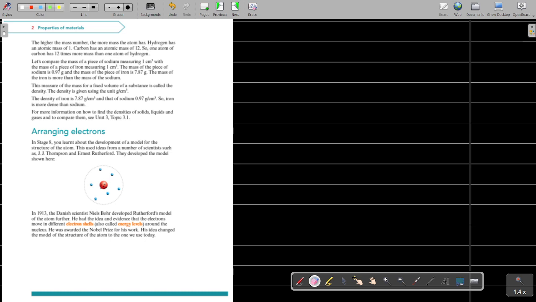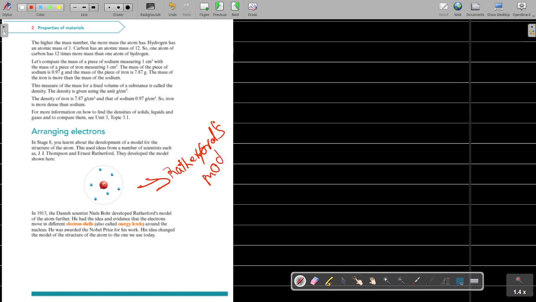This used ideas from a number of scientists such as J.J. Thomson and Ernest Rutherford. They developed the model shown here. So this is Rutherford's model.